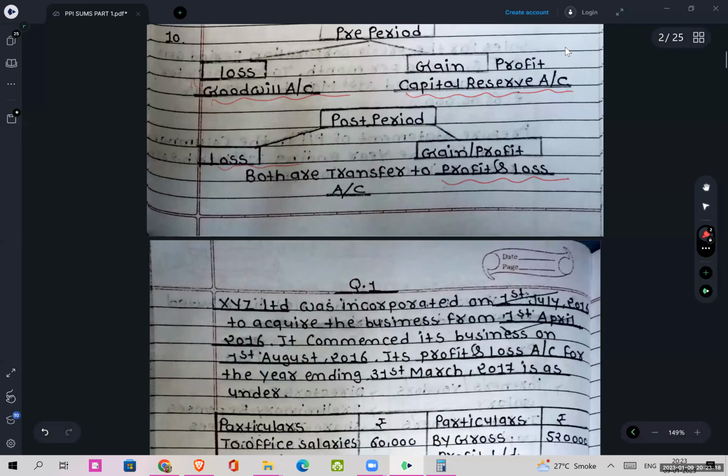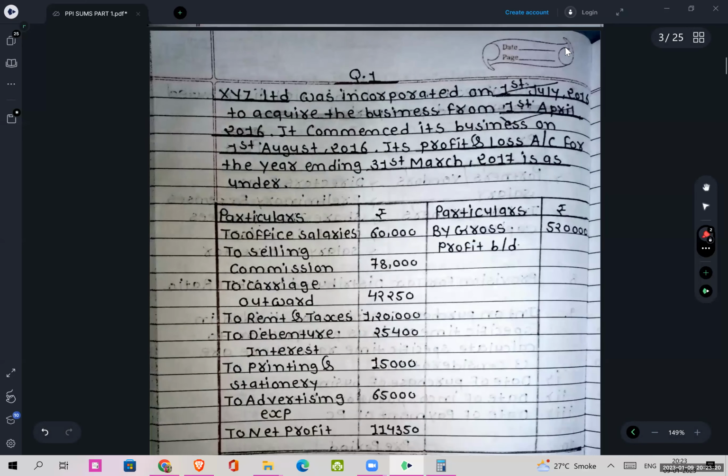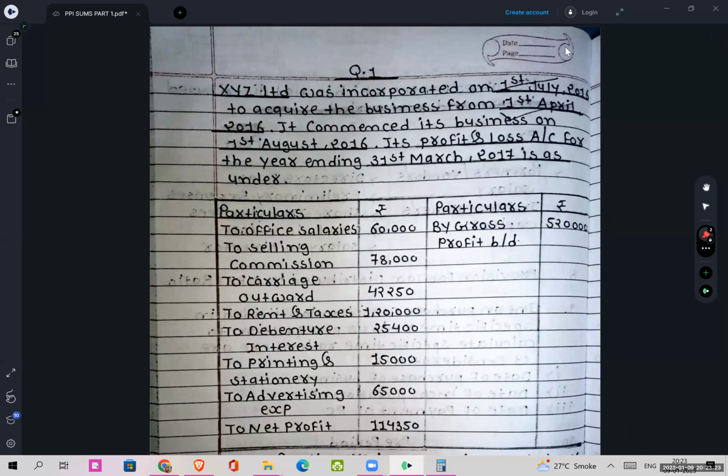Okay, so let's see a relevant sum based on this theory. Question number 1 says that XYZ Limited was incorporated on, just a minute.